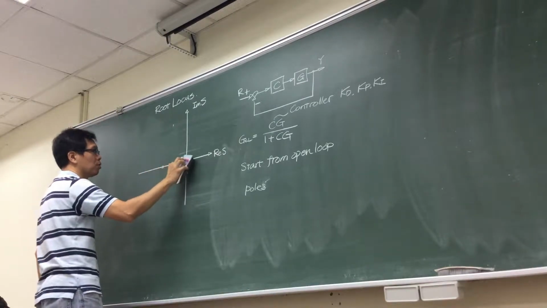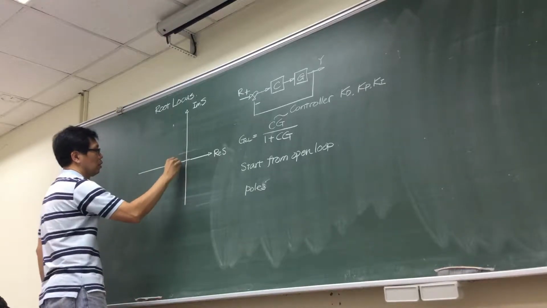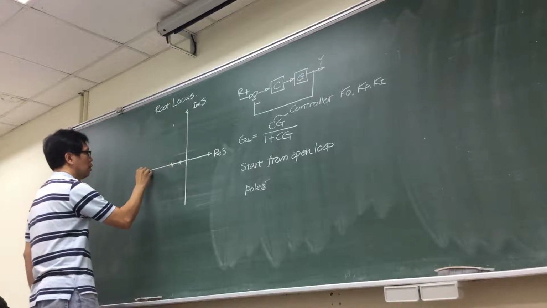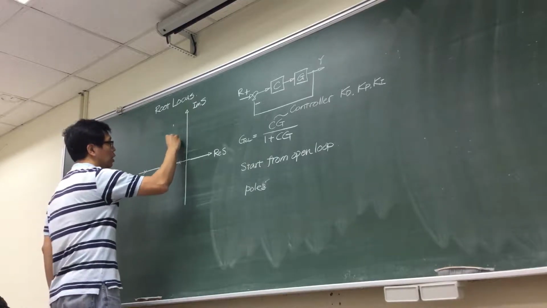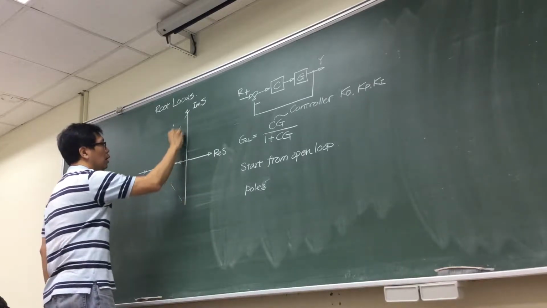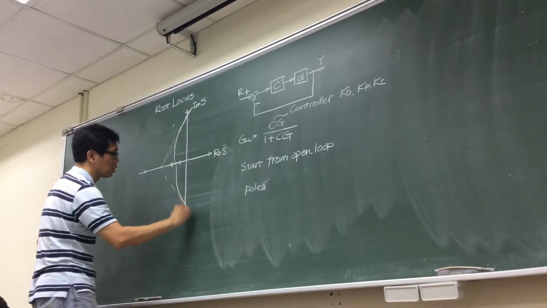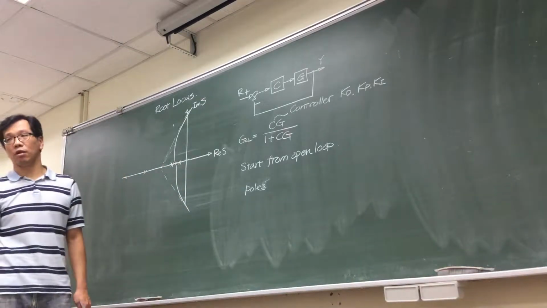If you have 3 poles, we say we need to find something which is the centroid and draw the asymptotes. So one pole is going to follow the individual asymptote accordingly.